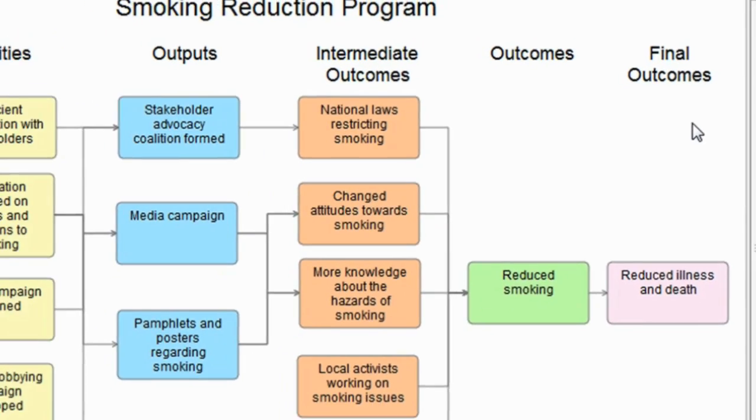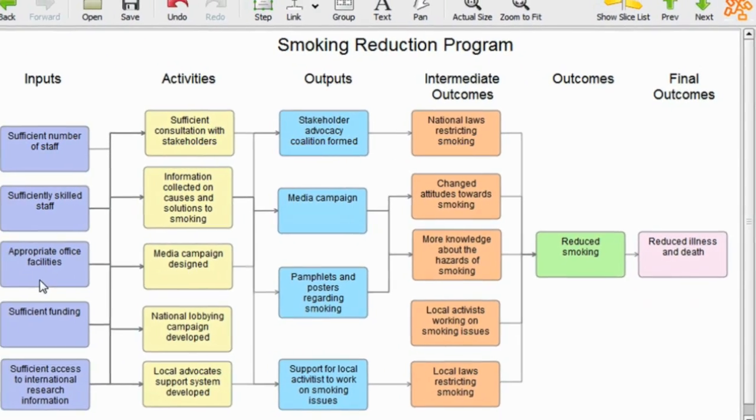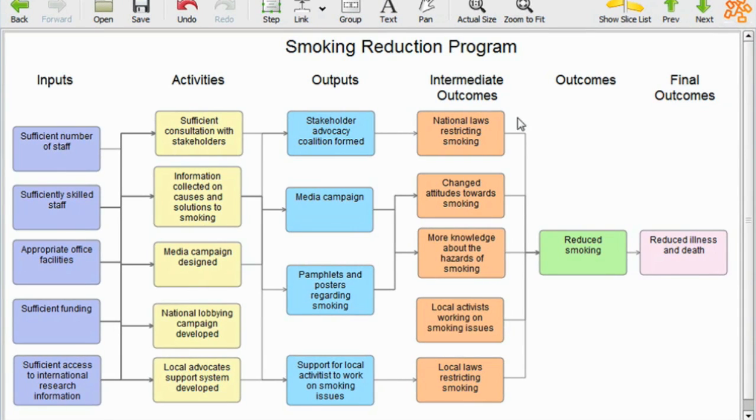And they start off with things that are inputs to the program, activities, etc., right through to final outcomes. In this case, it's for a smoking program, and the highest level outcomes are reduction in illness and death and reduced smoking, and you can work back to the left-hand side of the model.